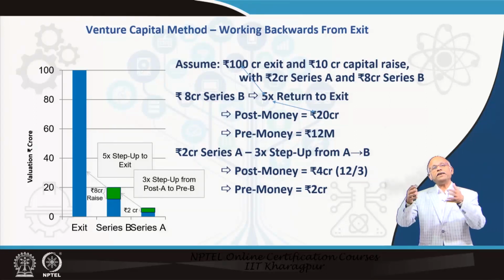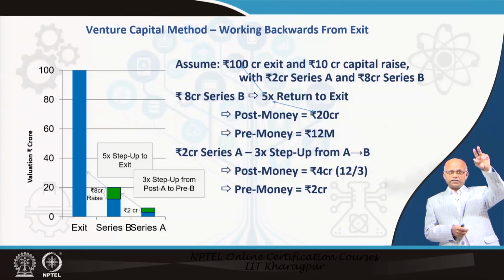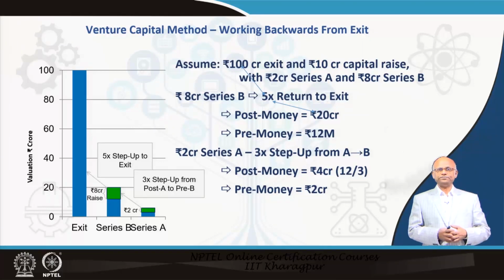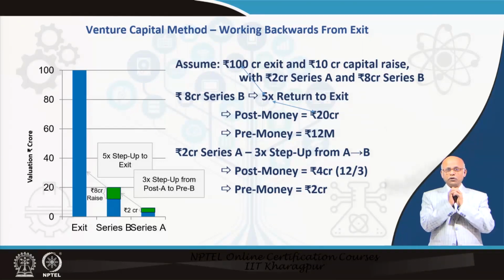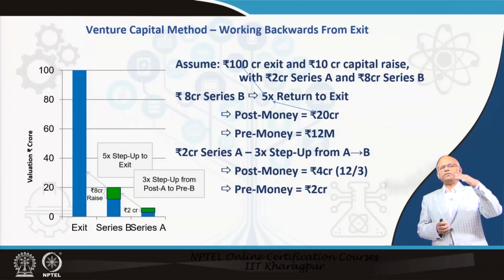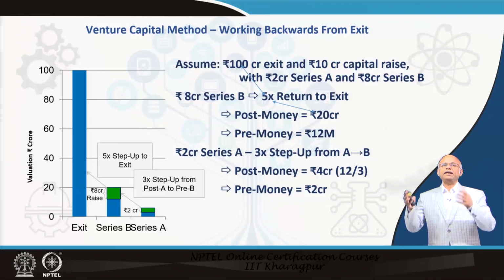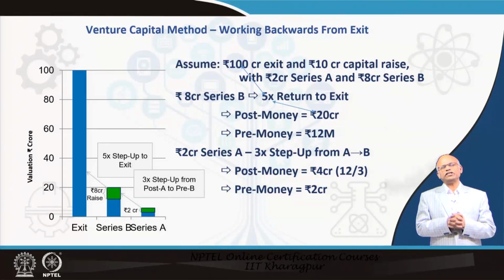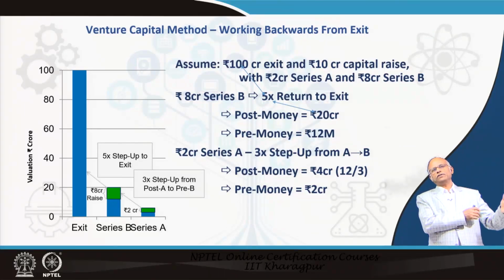They have multiplied them and got a valuation of 100 crore, that is what this blue bar is. Now, you already know that in the exit they want 5x return. Divide 100 by 5, you get 20, and that is the post money valuation in the second round.